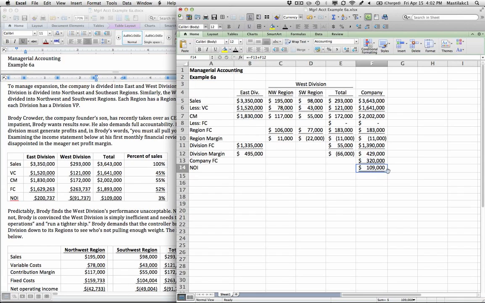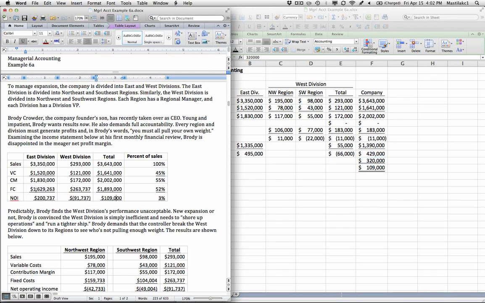But if we look at it with this level of detail, especially with our fixed costs, we can see that a lot of the fixed costs really are being incurred at the company level, so the controller here had a point. And we can see that some of the costs that are being allocated to particular regions and divisions aren't necessarily under their control. So our fixed costs of $1,629,000 and $263,000 are probably not reasonable ways to evaluate the performance of these divisions or the regions within them.